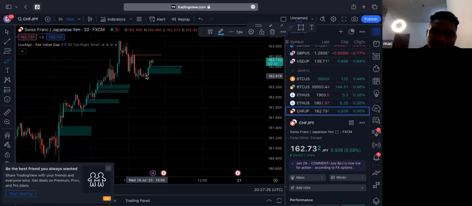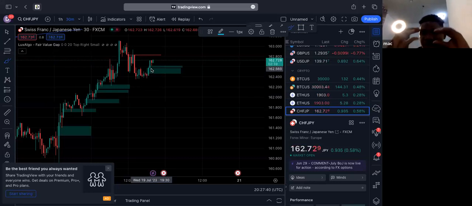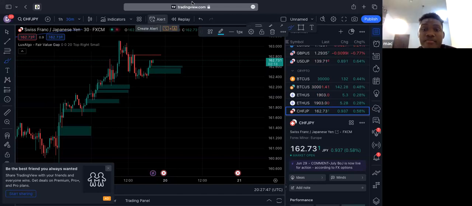There is 1 candle, this is where it touched last. There is the 3rd candle after the 2nd candle. The gap that exists between this candle and this candle is called fair value gap. Did we get it? Yes or no?